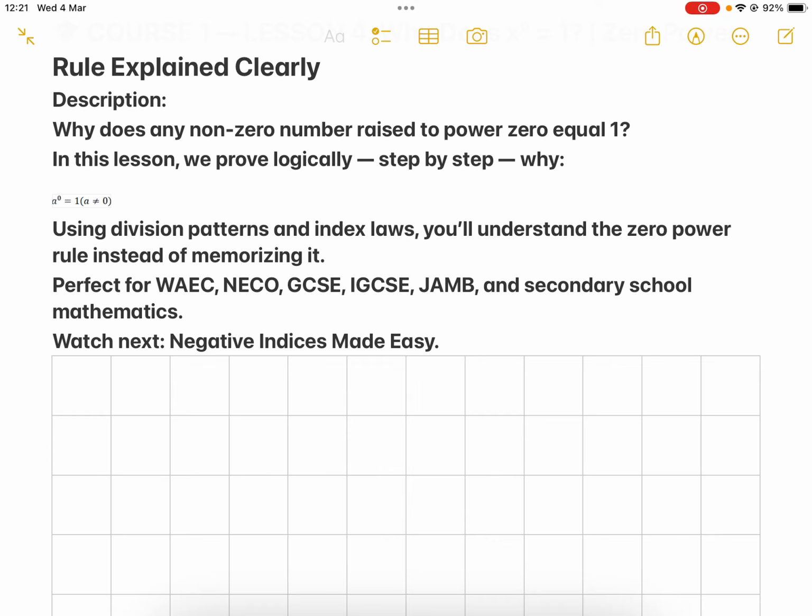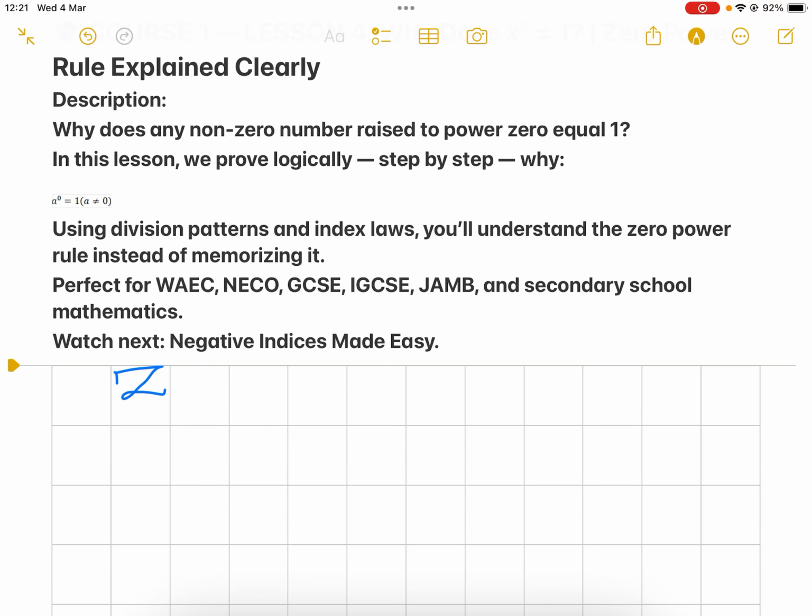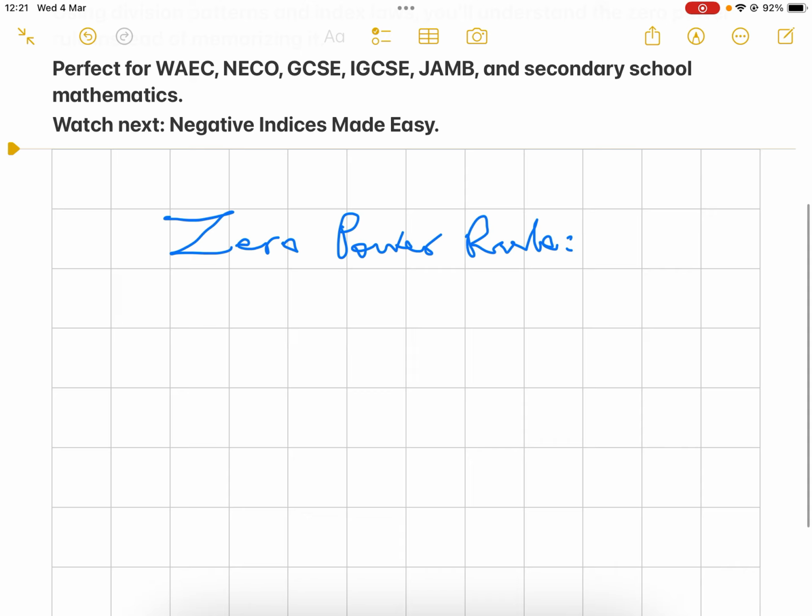Let's go as fast as we can. Zero power rule. Let's use the subtraction rule or the subtraction law first.